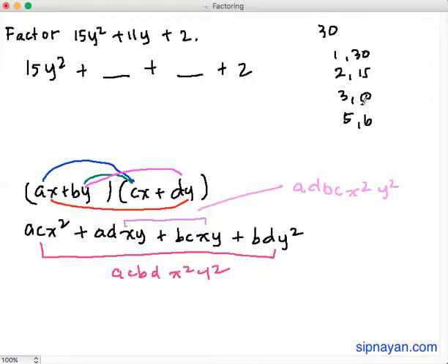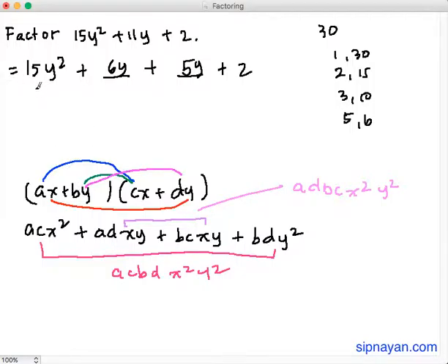So it looks like we can use 5 and 6. We can say 6y plus 5y is 11y. You can see these two are the sum, and their product, 5y times 6y, is equal to the product of the first and last terms, 30y squared.